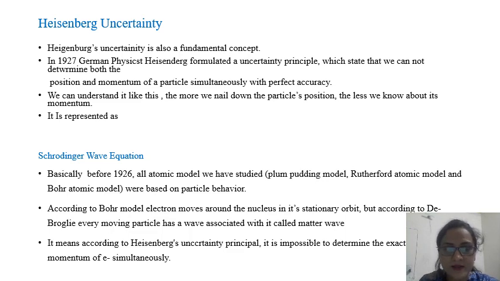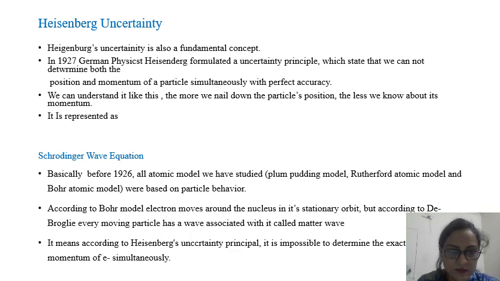We can understand it like this: the more we nail down the particle's position, the less we know about its momentum. It is represented as delta x times delta p greater than or equal to h upon 2 pi.